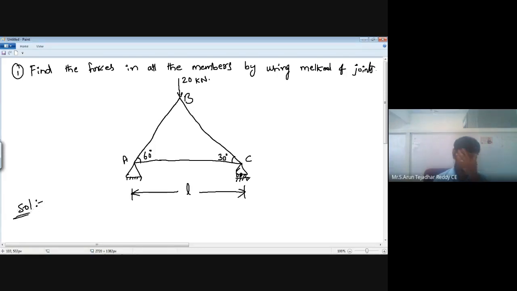Solution. First, find the support reactions.